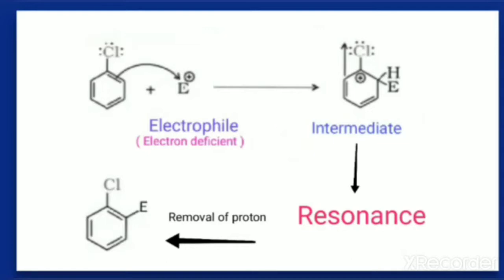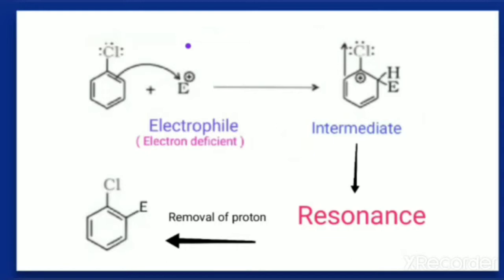Just recall this mechanism. Here the electrophile, which is represented as E positive, is called an electron deficient species. It attacks the benzene ring.